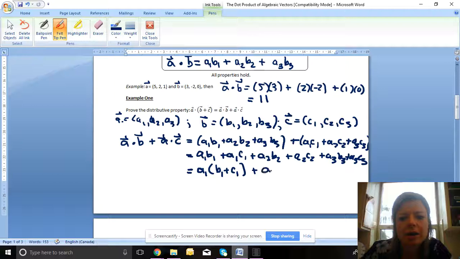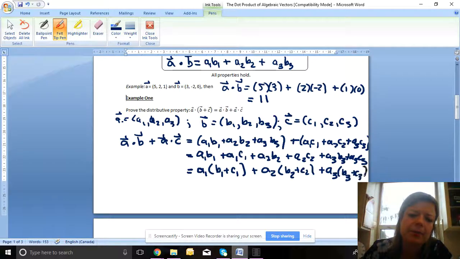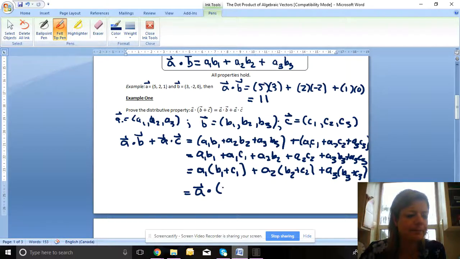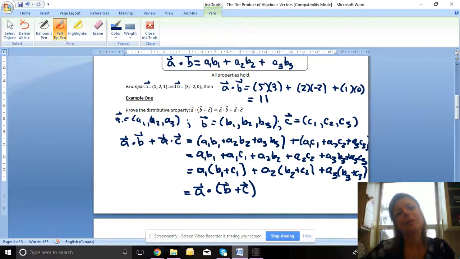And then you can common factor out an A2, left with B2 plus C2. And then common factor out an A3, and you're left with B3 plus C3. So notice that this is just the dot product of A dotted with the sum of B plus C. So this proves the distributive property.